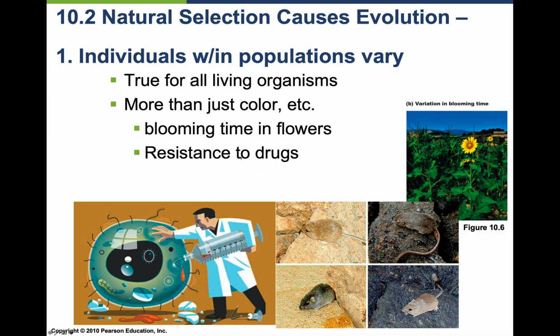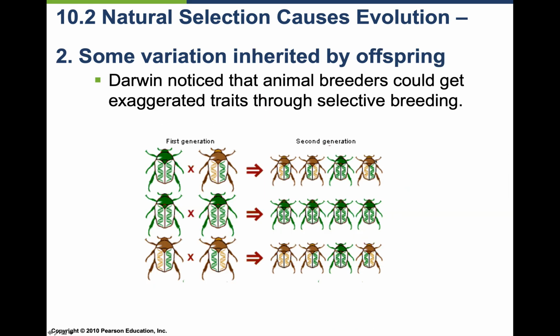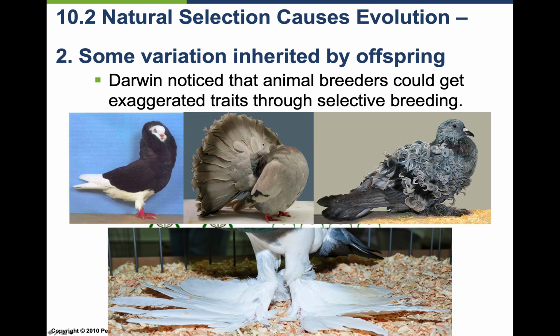There's also resistance to drugs. We've heard about this quite a bit, that some bacteria currently are resistant to drugs. Okay, some variation is inherited by the offspring. So Darwin noticed that animal breeders could get exaggerated traits through selective breeding, right? And this is kind of what we see here. If you look at this, you've got these pigeons.